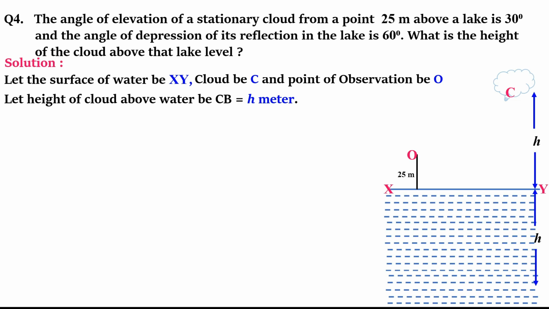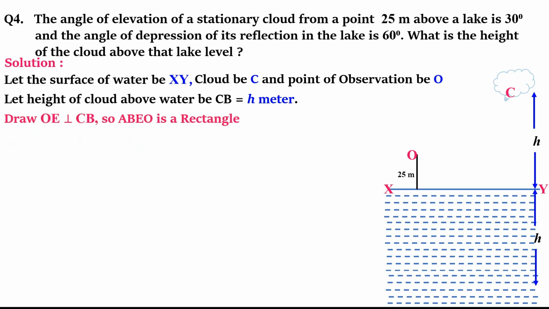The cloud is reflected inside the lake, and we know from our physics knowledge that the height of the cloud and the reflection will be equal. So let us take the reflected part to be h meter away from the level of water, the lake level xy. Okay.